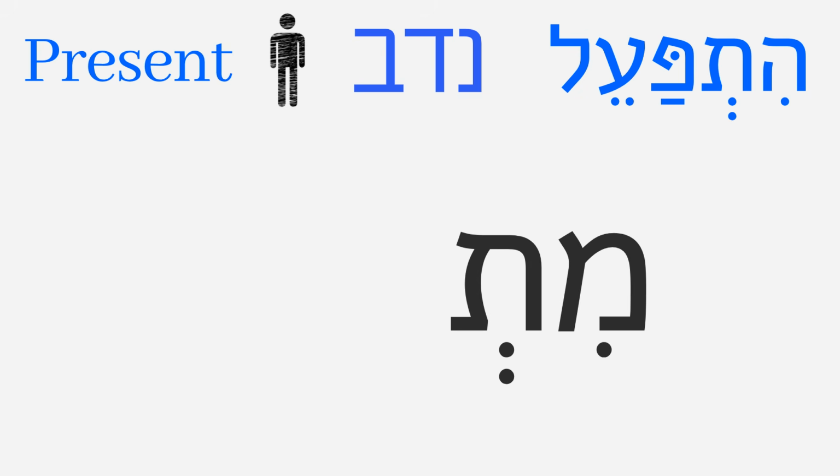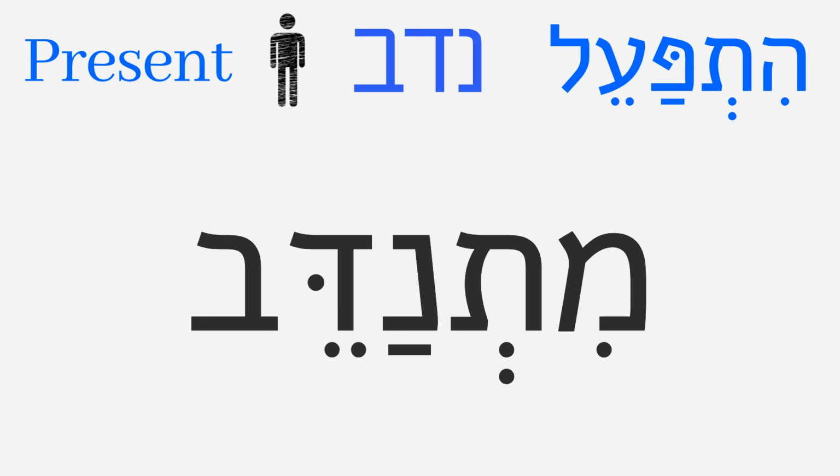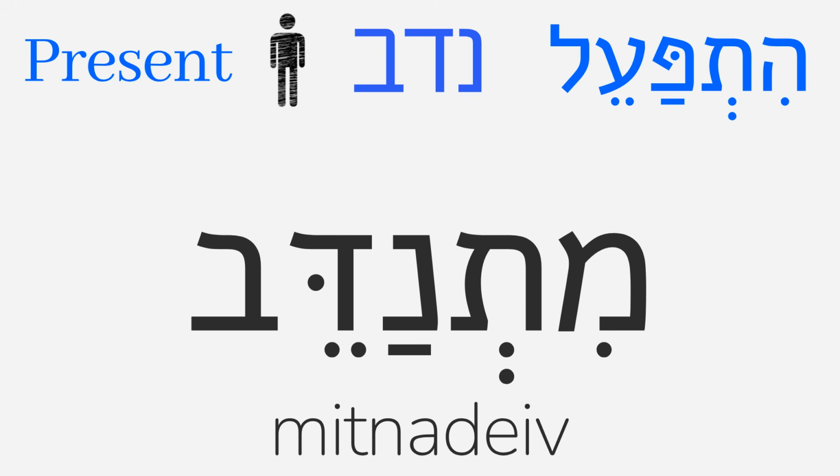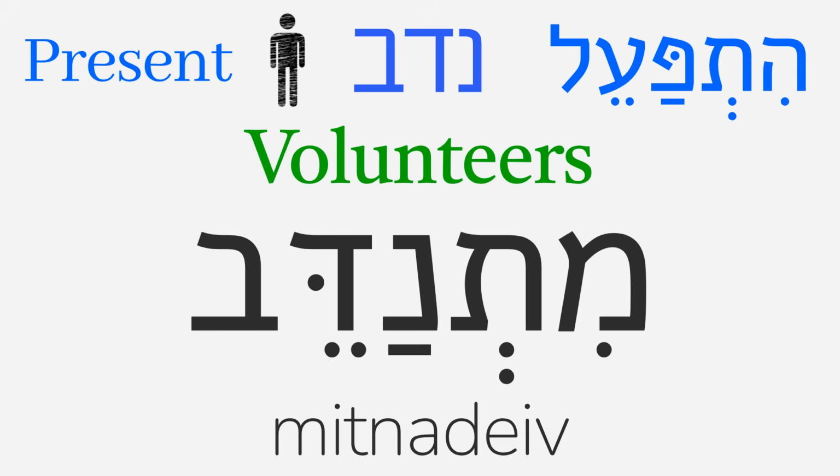In the masculine singular form of the present tense, next come the root letters with a patach, dagesh, and tsere. Those are the same vowels as the hitpael infinitive, and also as the pa'el present tense. Mitnadev, volunteers, in masculine singular form.